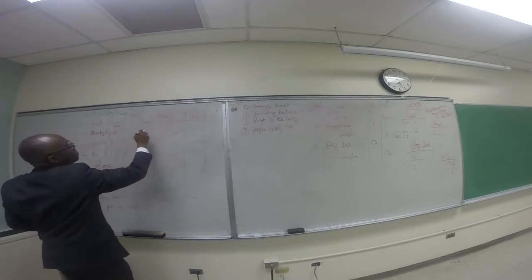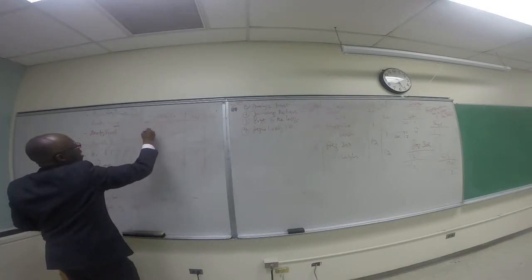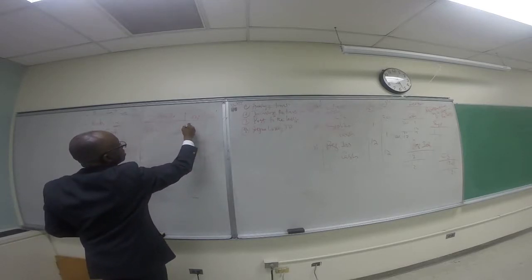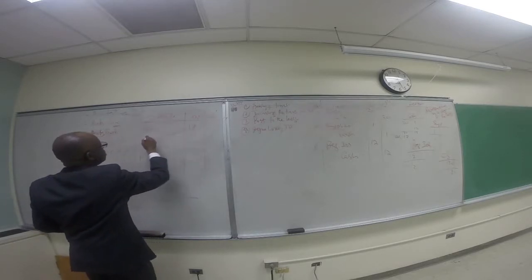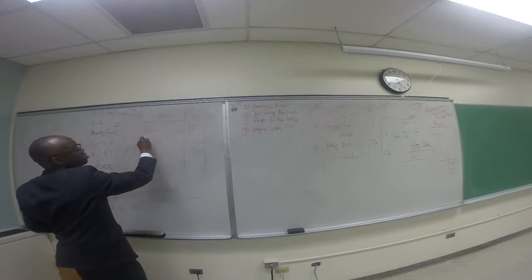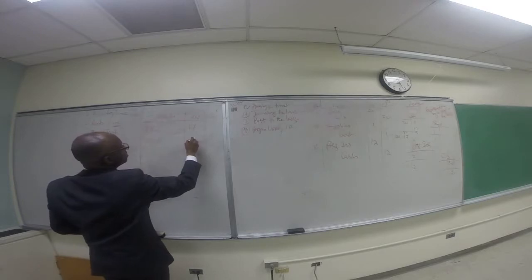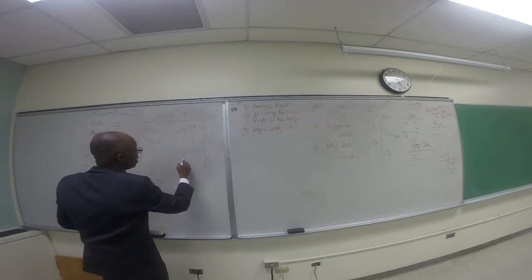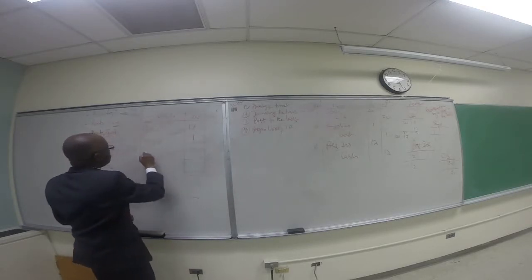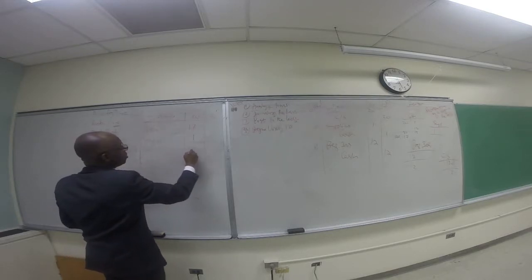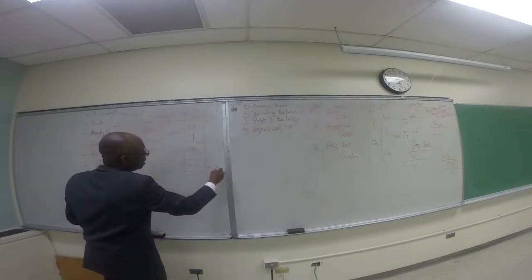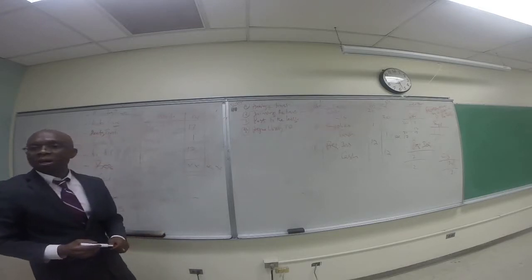All right, so what will be the first account? Cash. Cash, what is it? Debit 17. Supplies. Supplies is what? Debit 1. So on and so forth, right? Prepaid insurance, 12. So at the end of the day, the debit and credit should be in balance, right?